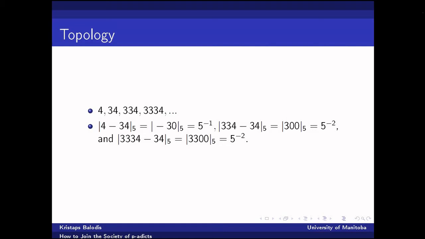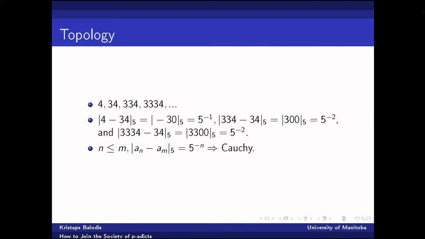It's going to tell you exactly how many zeros are left there, and hence exactly how many times that thing will be divisible by 5. So in the last example, for 3,334 minus 34, it lops off the 4, and it lops off the 3, so we know we're going to have 2 zeros, and so its 5-adic evaluation will be 5 to the minus 2.